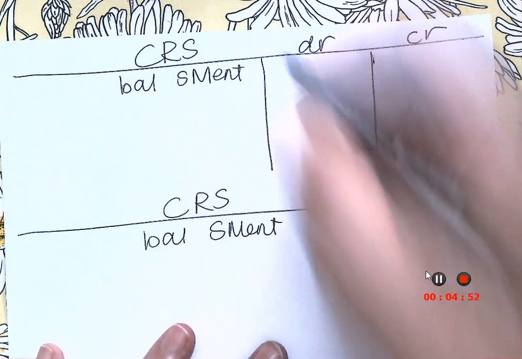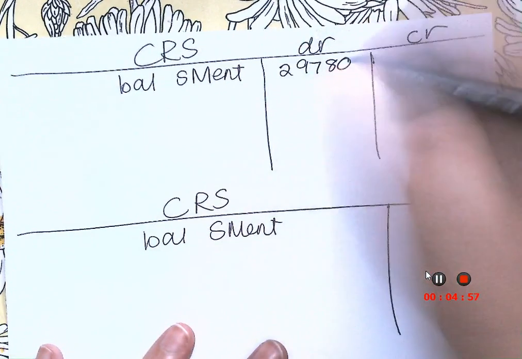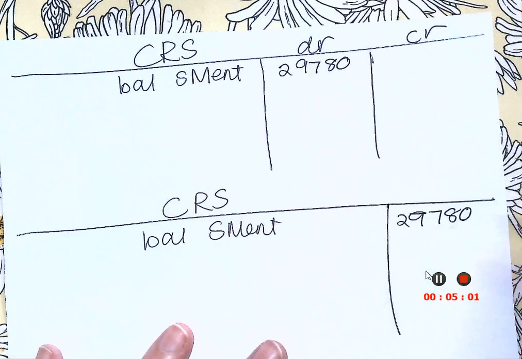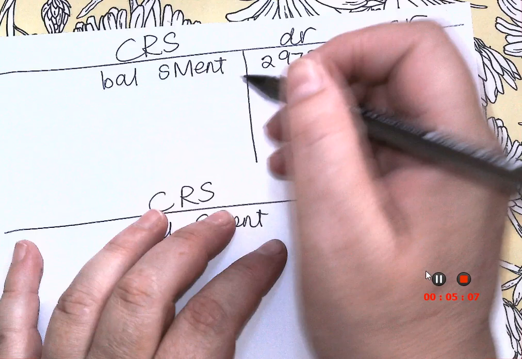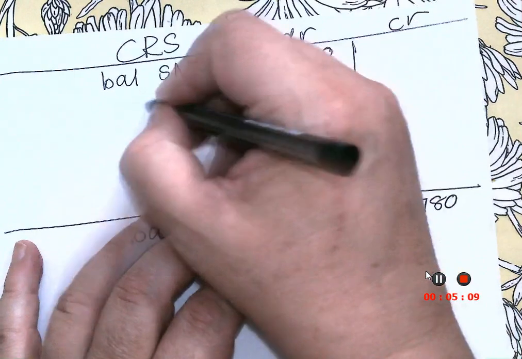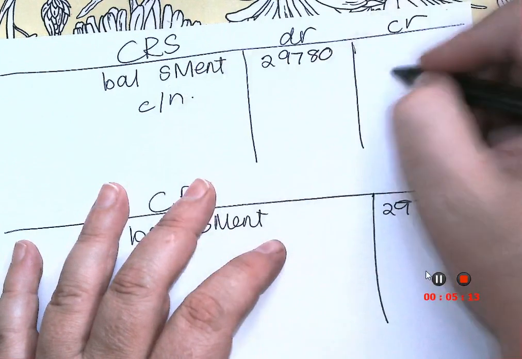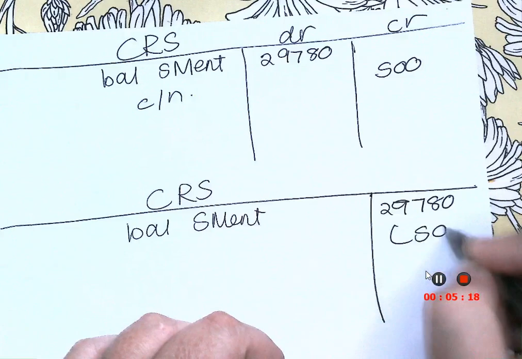Okay, then I know I will have a debit balance 29,780. Here they give it to me positive 29,780. So I know debit is positive, credit is negative. Then I add that credit note of 500. And that went to the credit side, meaning here it will minus.